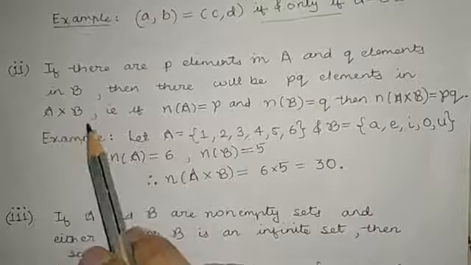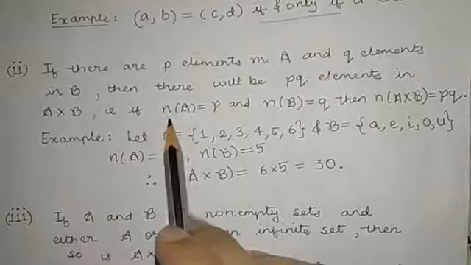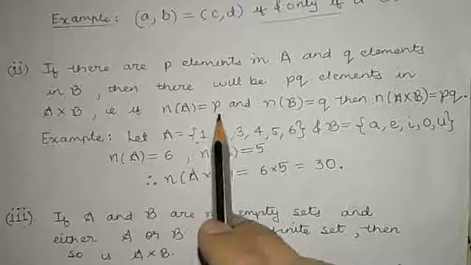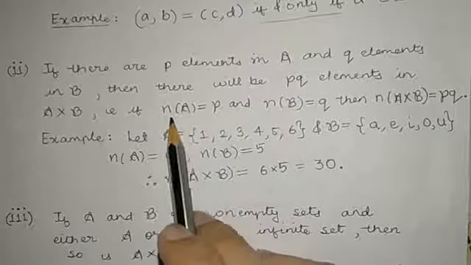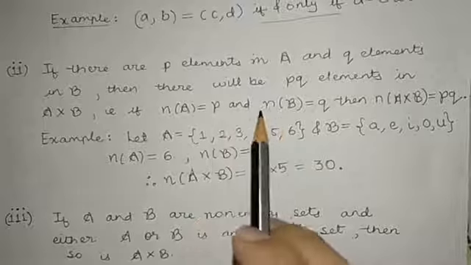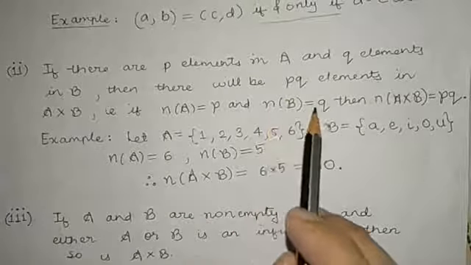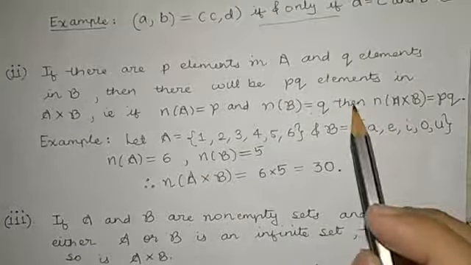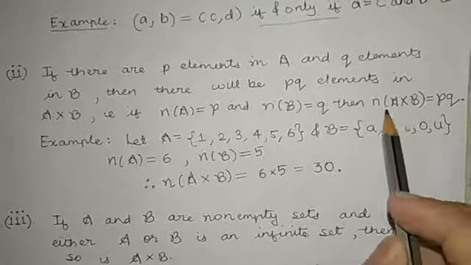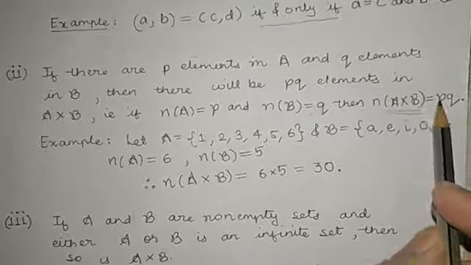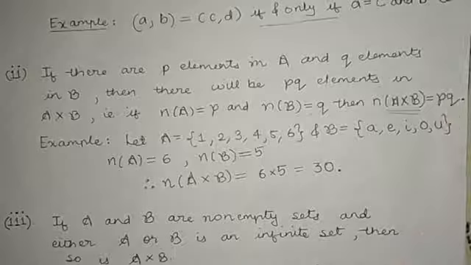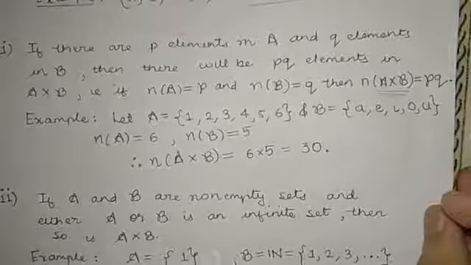In notation, the number of elements in the set A, that is n(A), is equal to P and n(B) is equal to Q. Then n(A cross B) is equal to the product of P and Q.